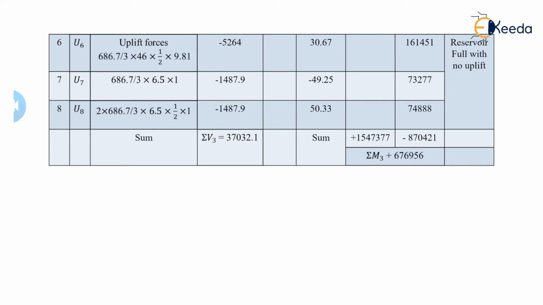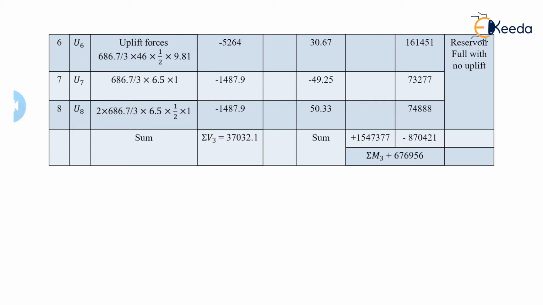We take the positive sign when the force is acting downward, and when the force is acting upward, the sign will be negative. So for the vertical forces, the uplift forces are negative, and the summation of these negative forces is the summation of the uplift forces. Then after finding the lever arm and calculating these forces, you will get the negative moment.